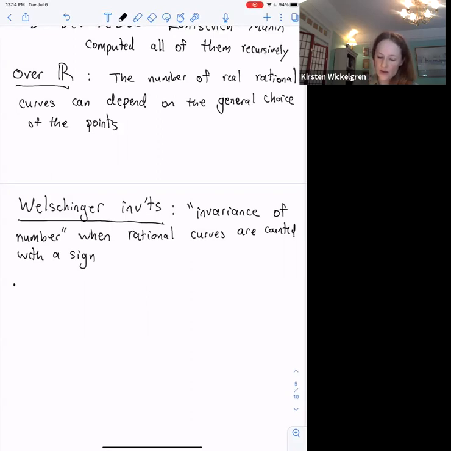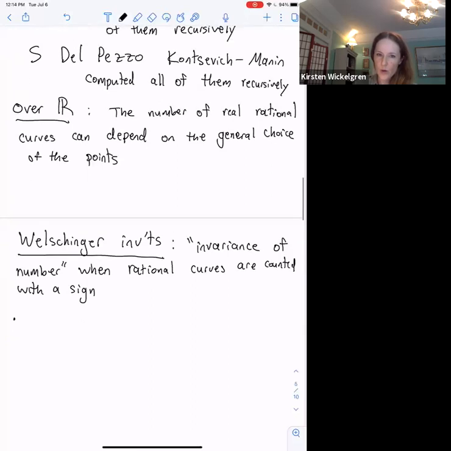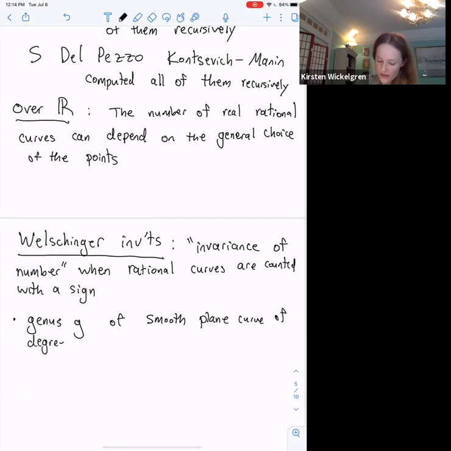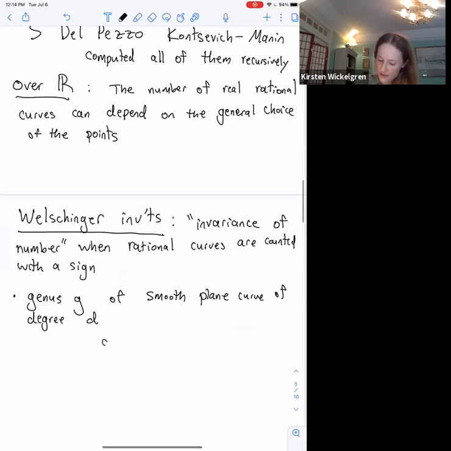So we're forcing our curve to be a map from P1. But if you had, say, a degree D plane curve, so the genus, we'll call it G, of a smooth curve in P2, smooth plane curve of degree D, is D minus 1 choose 2.